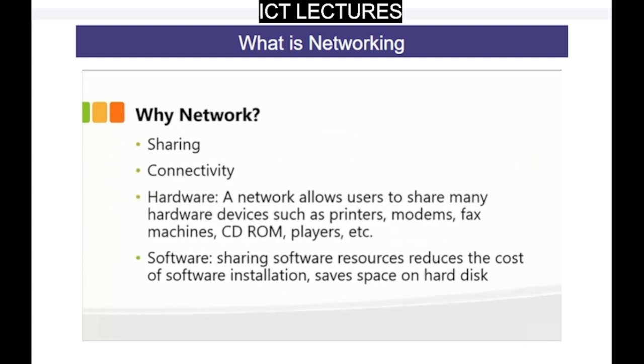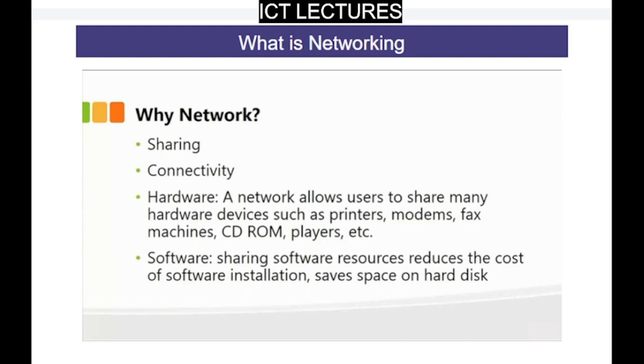So why do we network? I mentioned briefly earlier, but importantly, we network so that we can share our resources. We can collaborate with other individuals. If you're working within an organization, for example, you're sharing documents, you're sharing information, data, and so on. We also network to connect systems together from one country to the other, from one city to another city, and so on.